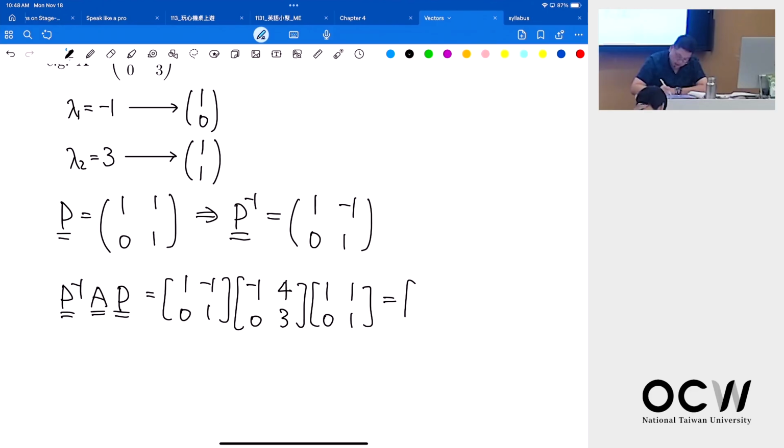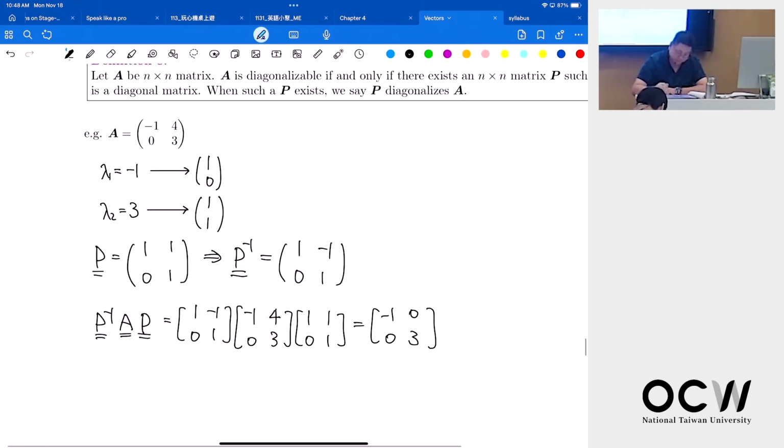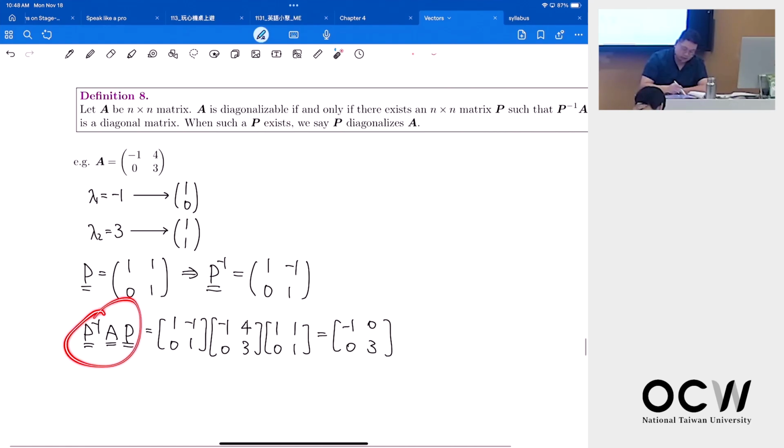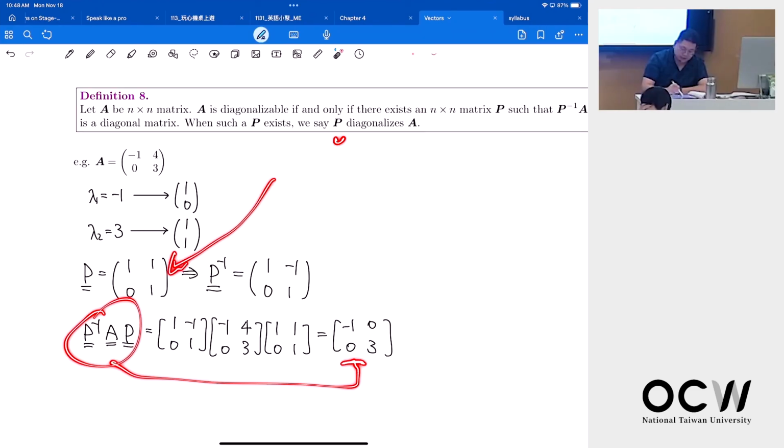Then they give you -1, 0, and 0, 3. This gives you a diagonal matrix. Then we can say this matrix P diagonalizes A, and matrix A in this case is diagonalizable.